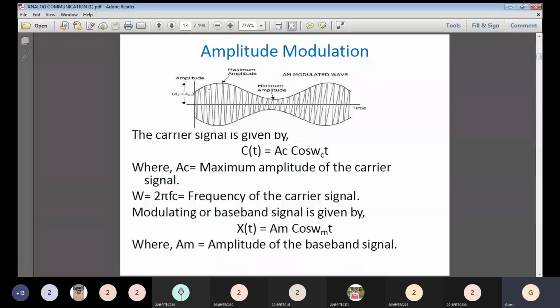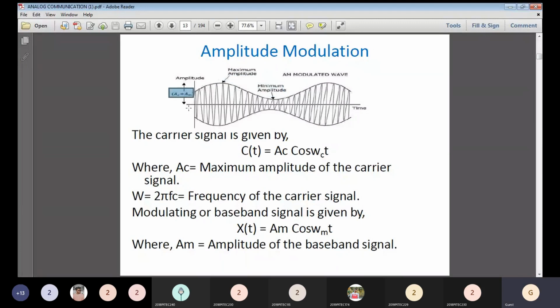The amplitude is varying with respect to the message signal. So the message signal is available in the envelope of this modulated signal. This is our modulated signal. In the modulated signal, this is the maximum amplitude of the envelope. Next one is the minimum amplitude here. The maximum amplitude is equal to AC plus AM. What is AC plus AM?